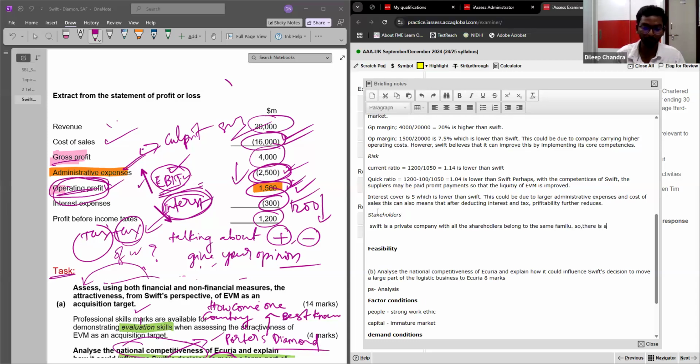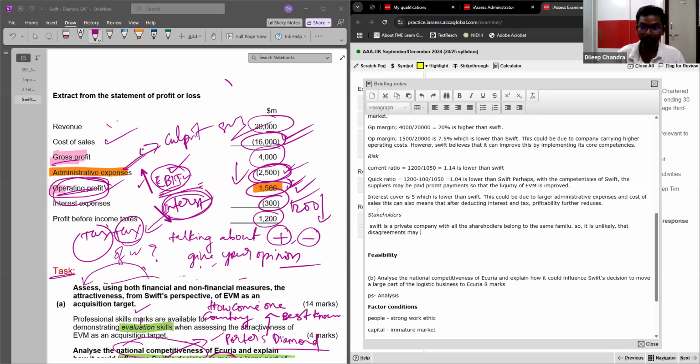So it is unlikely that disagreements may happen. Since all of them are from the same family, consensus of mind might be there, so they will accept the strategy. They will accept this acquisition strategy. That is what I'm saying here.